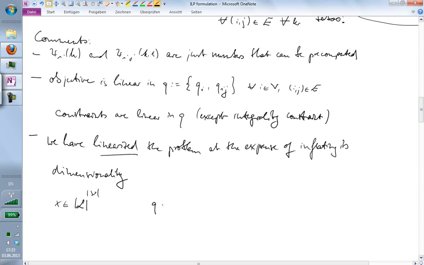And now this q is binary, so it's 2 to the power of the number of vertices times the number of labels, plus the number of pairwise constraints, so the size of the edge set times the number of labels squared.